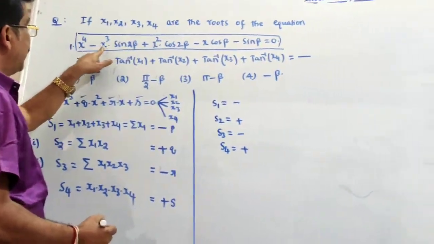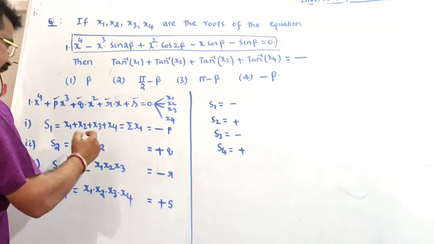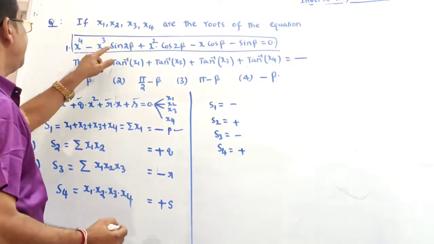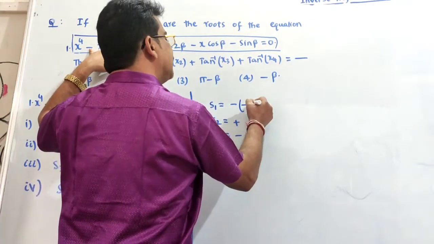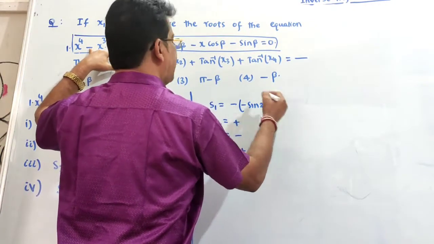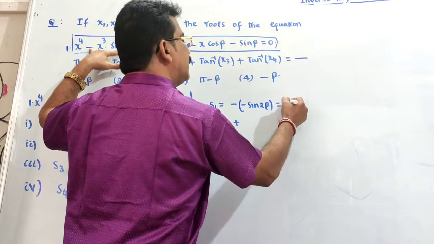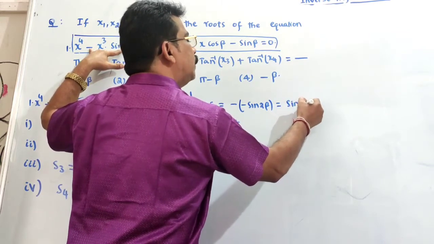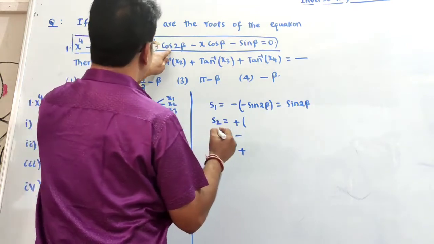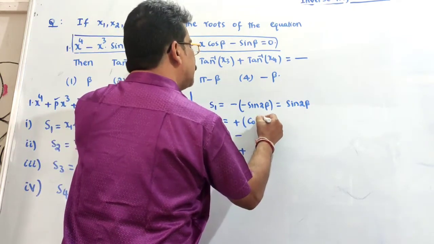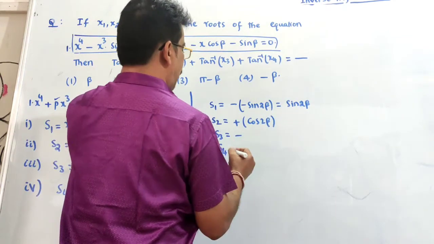Next, the x cubed coefficient, we are writing the p value. Minus p gives sin 2 beta. Next, S2 is cos 2 beta.